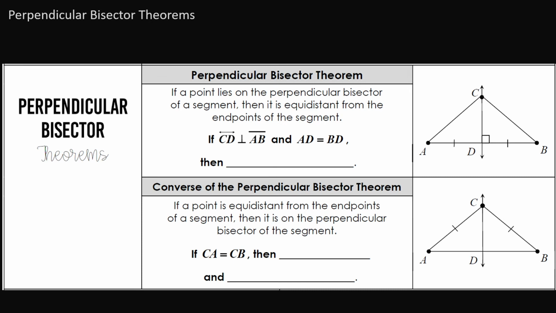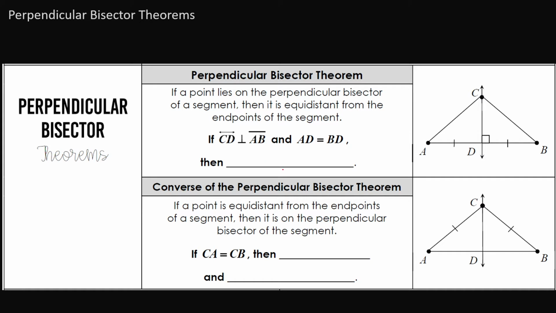So let's talk about the perpendicular bisector theorem itself and what it means. We're saying that if a point lies on the perpendicular bisector of a segment, in this case CD, then it is equidistant, or equal distance, from the endpoints of the segment.